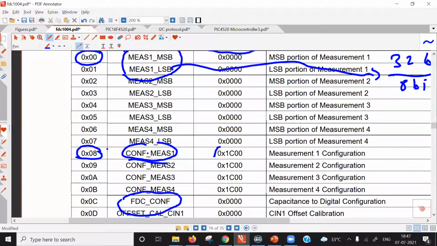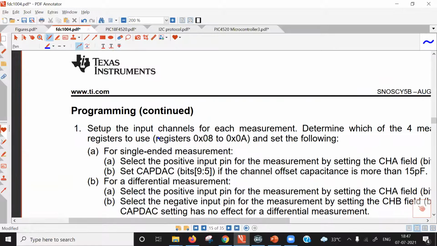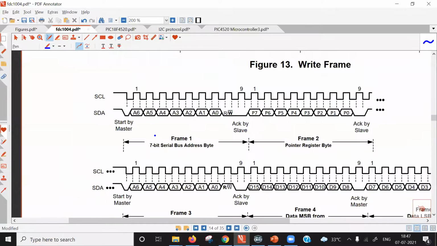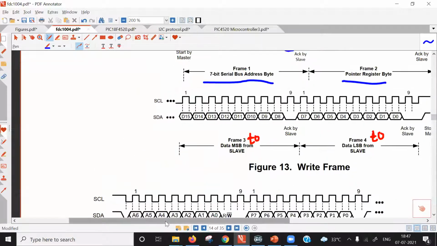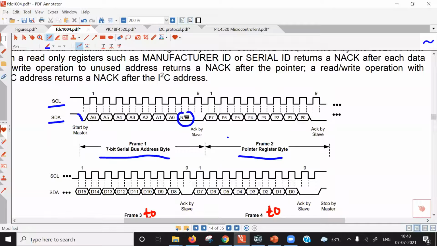Suppose we want to write data to config 1 MS register, then first of all, data must be written to pointer with value 0x08. So pointer must be loaded so that it points to the required register. So now here, if you want to perform write operation to config 1 register in subsequent cycles, then this data here must be 0x08.